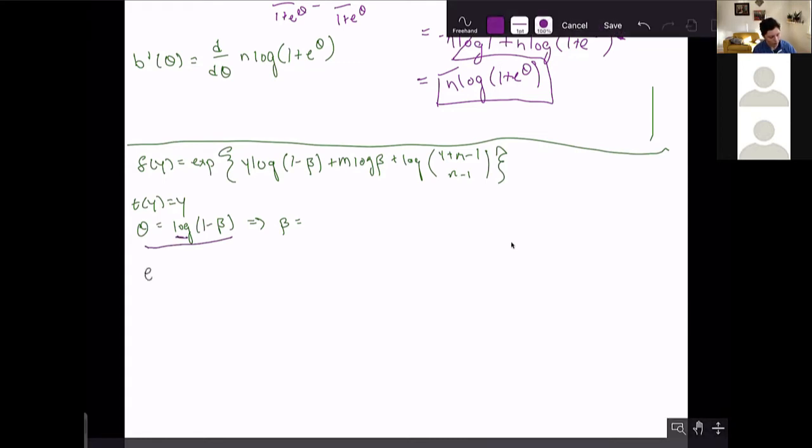And so that gives you e to the theta equals 1 minus beta. And then the next step is to isolate beta. Okay, so then beta equals 1 minus e to the theta.